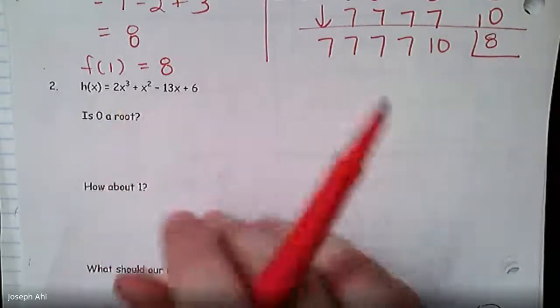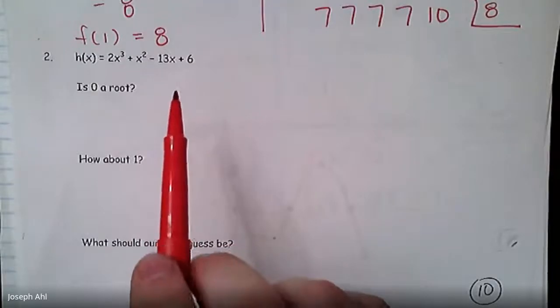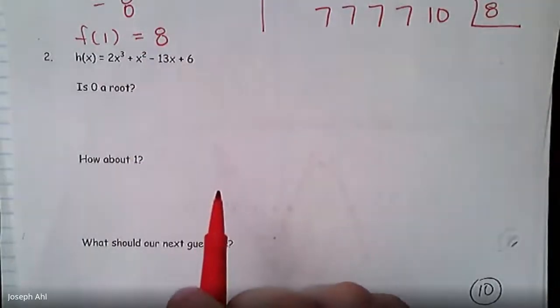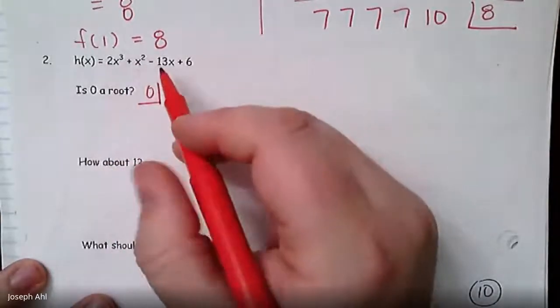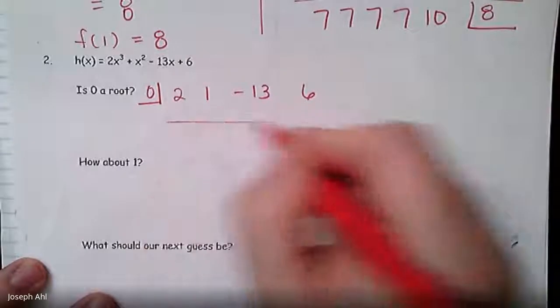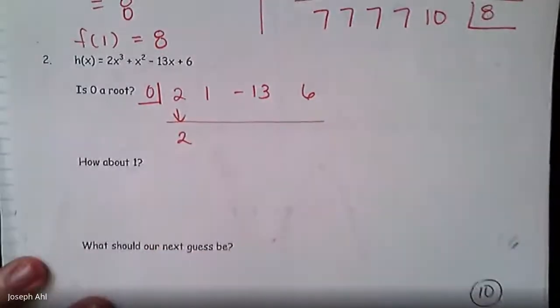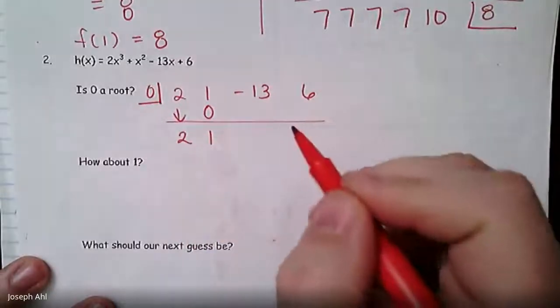Okay, let's try this example here. H of x is 2x cubed plus x squared minus 13x plus 6. First question, is 0 a root? Let's test it out. 0. So the coefficients are 2, 1, -13, and 6. So bring down the 2. 2 times 0 is 0, plus the 1 above it is a 1.